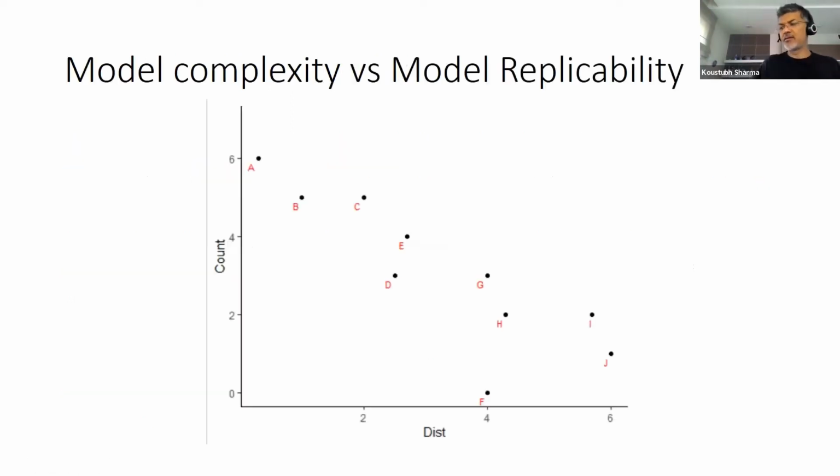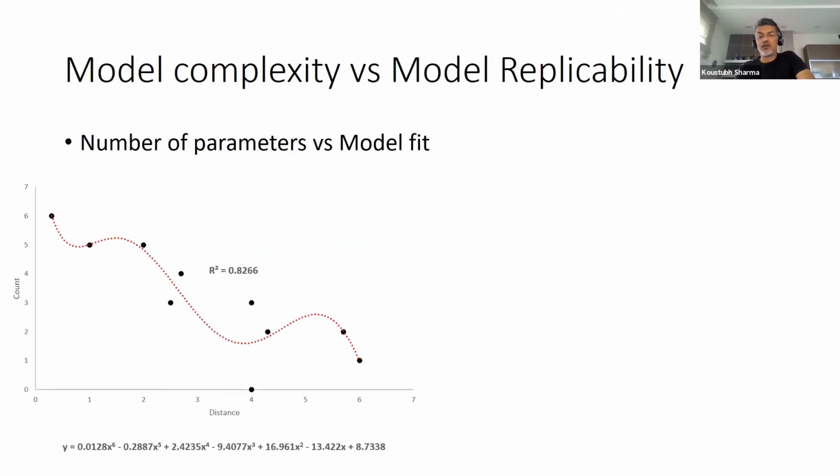Now, this is a very important element that you need to understand, which essentially helps us balance between model complexity versus model replicability. Let me show you this one. Consider this model on the left hand side.